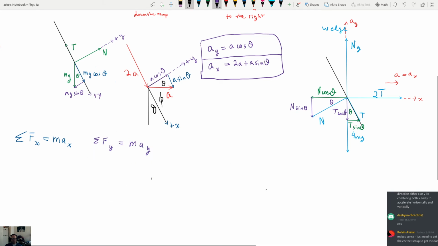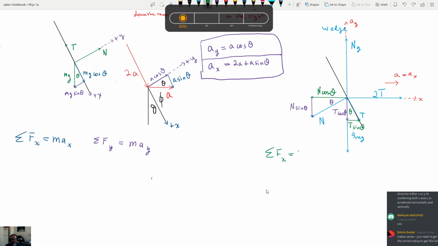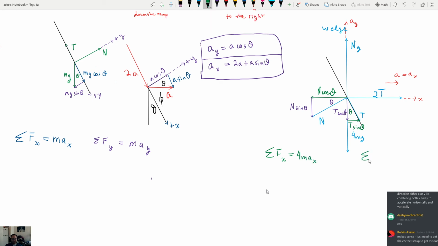For the other guy over here, the wedge, we're going to have net force in the x direction equal to the mass, which is 4m, times the acceleration in the x direction. And we'll also have net force in the y direction equal to 4m times the acceleration in the y direction. Now, our wedge is going to just stay level as it moves across the surface, right?